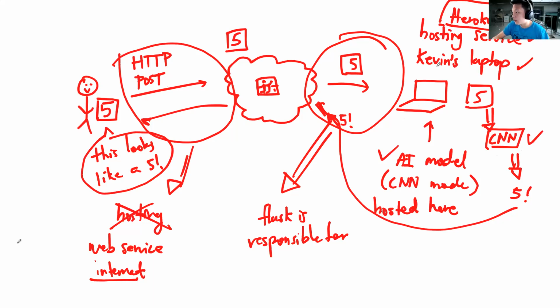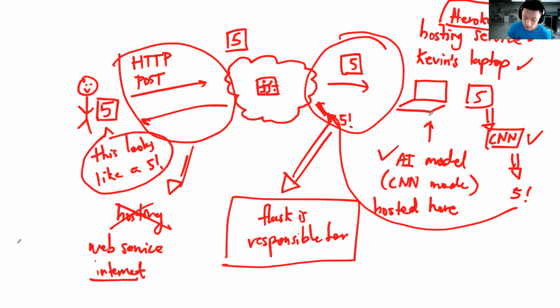And the hosting service is going to take care of hosting everything, to make sure your computer is running properly and that you can get the API up. So the only part that we have failed to do is to build out the part where you pass on messages between the cloud and your computer, where you can receive images and also send responses back. And that's what Flask is going to be doing for us.